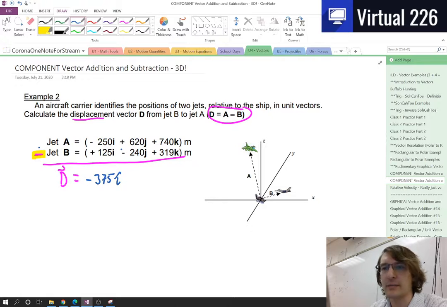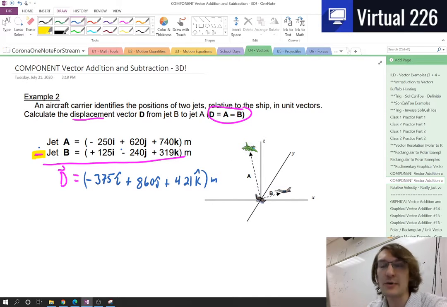So 620 plus 240, that's going to be plus 860 j hat. And then 740 k hat minus 319, and that's going to give me a plus 421 k hat direction. And this will all be in meters because that's my unit, so I'll put a little parentheses around it so I can say that meters are everywhere.